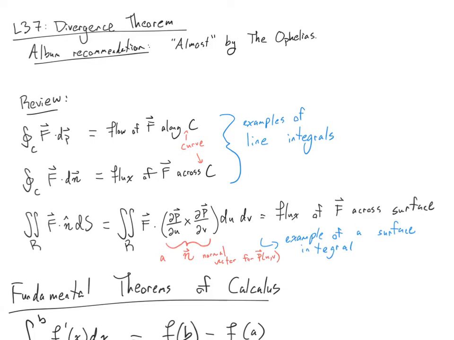Now, the reason we focused in on these types of examples is because for each of these specific types of line integrals, so either a flow line integral or a flux line integral for a vector field, or the flux across a surface, we came up with corresponding examples of fundamental theorems of calculus.